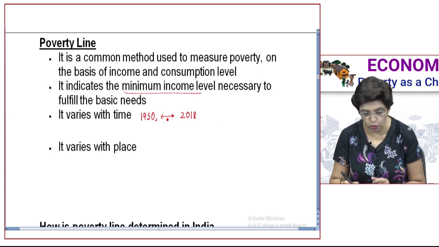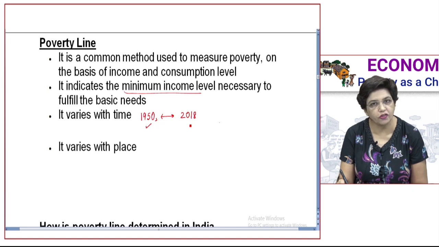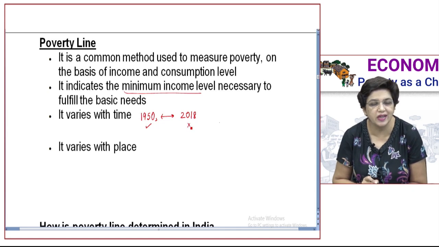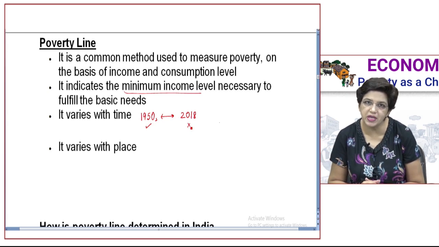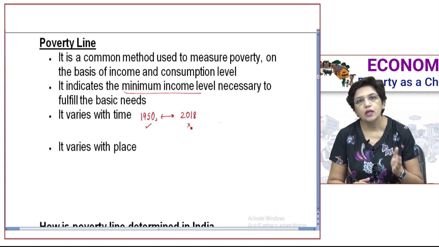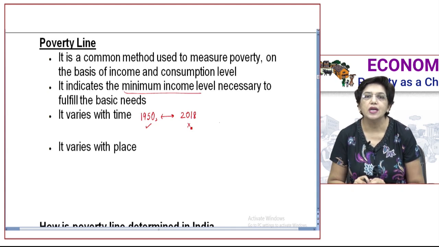A 100 rupee note could buy a lot of products in 1950, but it is not of much value in 2018 because the prices of the commodities have increased tremendously. So that is why the poverty line varies from time to time, and that is the reason each government revises its poverty line periodically.